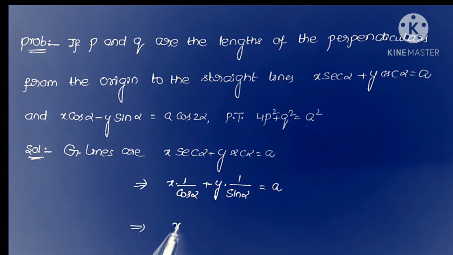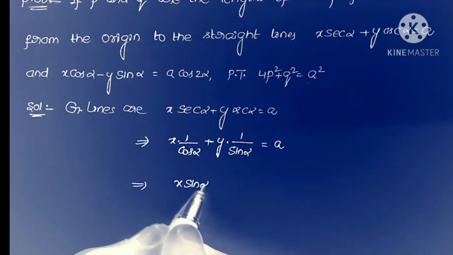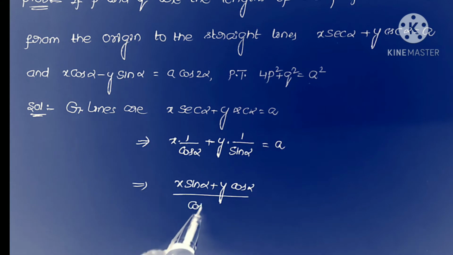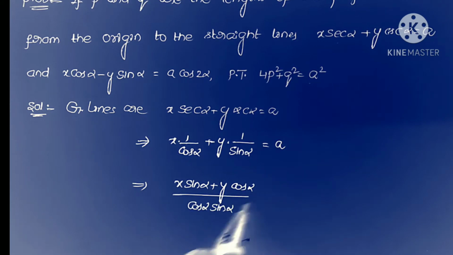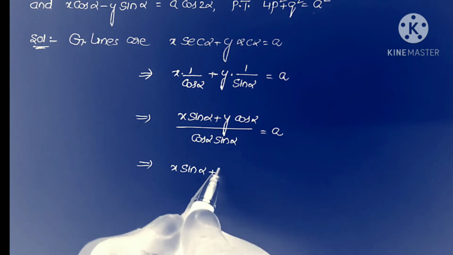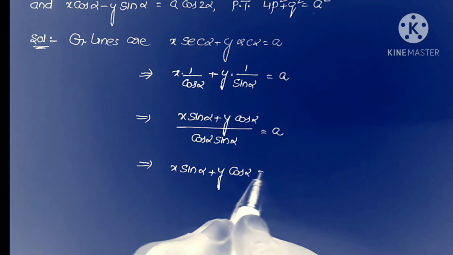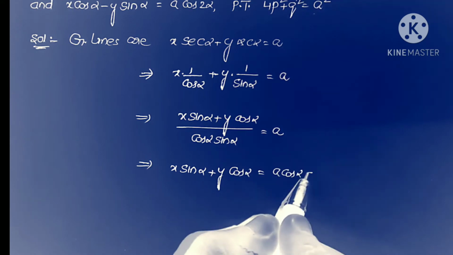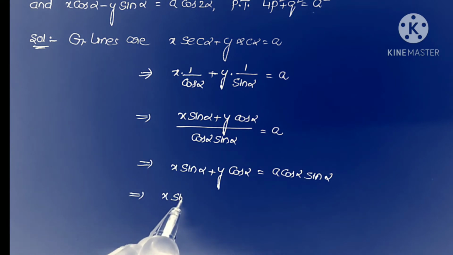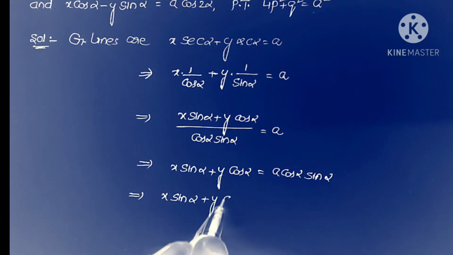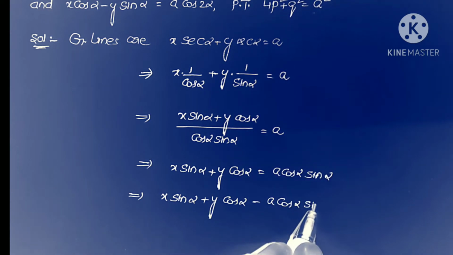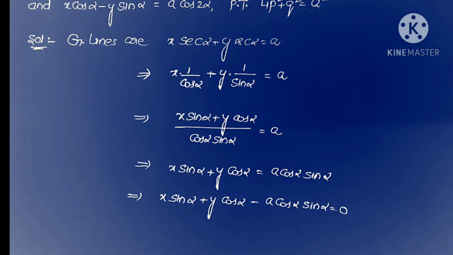Next we take the LCM: x sin alpha plus y cos alpha by cos alpha into sin alpha is equal to a. Cross multiplying, x sin alpha plus y cos alpha is equal to a cos alpha sin alpha. Therefore the equation becomes x sin alpha plus y cos alpha minus a cos alpha sin alpha equals 0. So this is the first line.